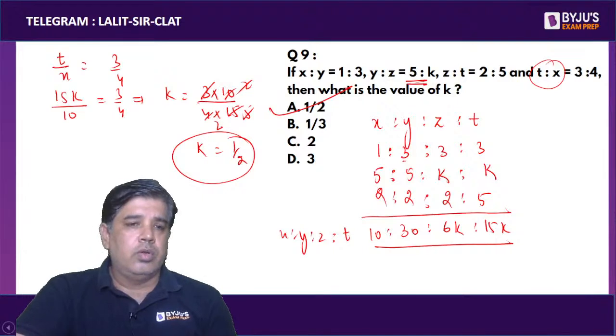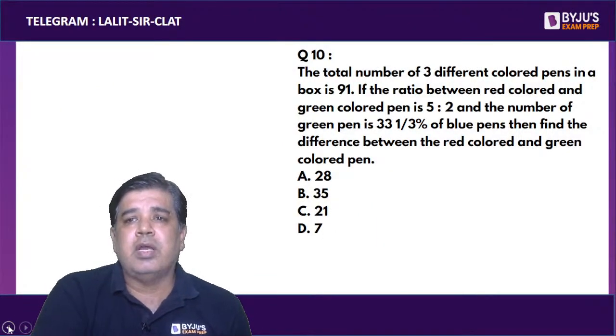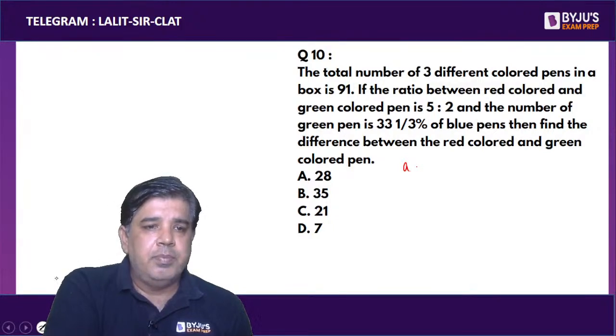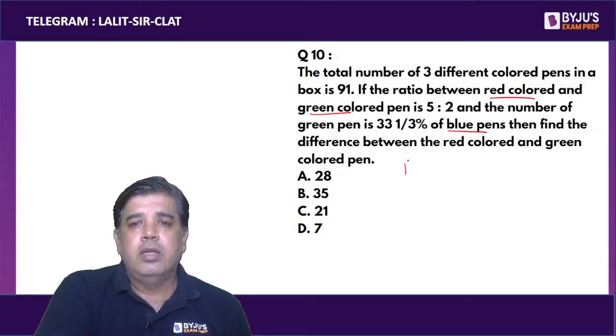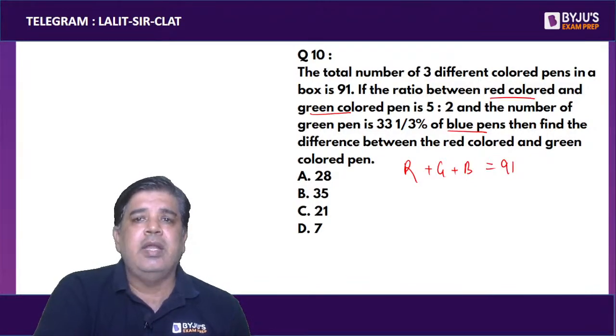Right? A good question. The total number of 3 different colored pens in a box is 91. Let me take the colored pens by their names themselves. They are red, green and blue. R, G, B. Total pens are 91.